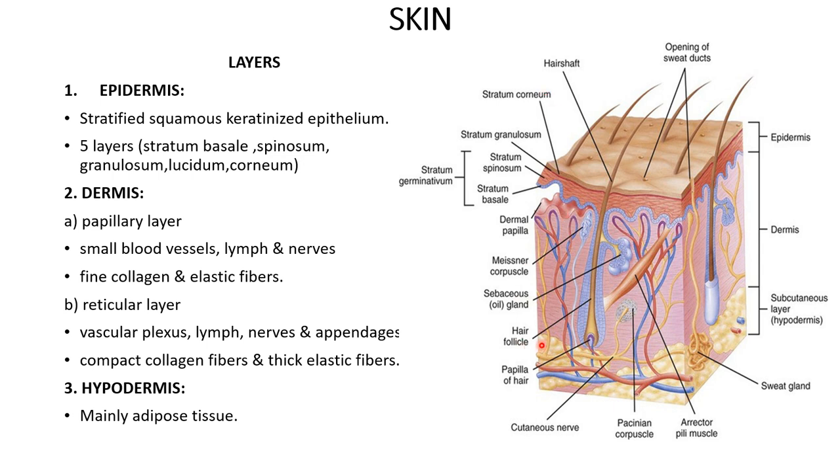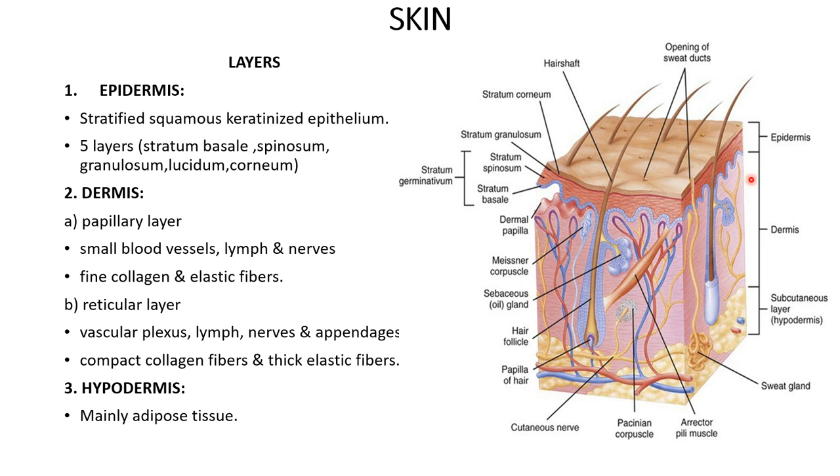Then the dermis, which again constitutes 2 sublayers, a papillary layer and a reticular layer. These indentations constitute the papillary layer, and the rest of the thickness constitutes the reticular layer. Then finally the hypodermis, which mainly constitutes adipose tissue.